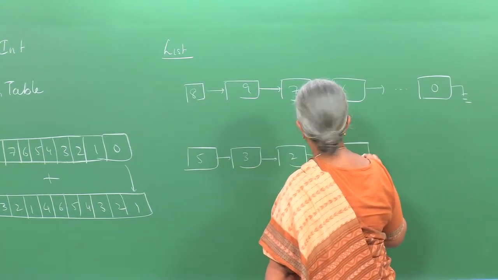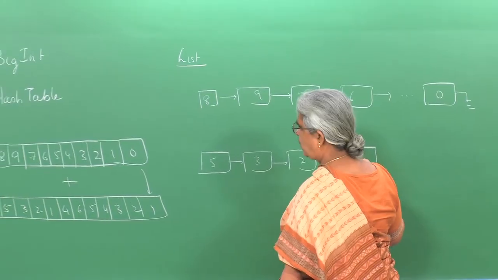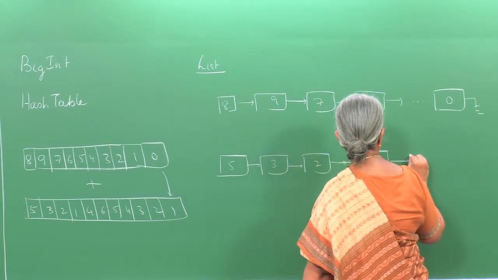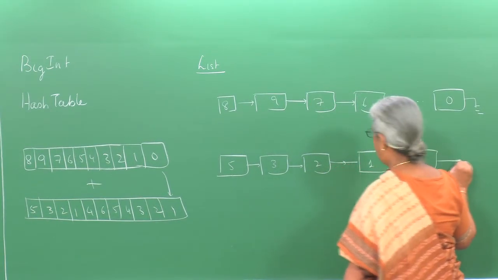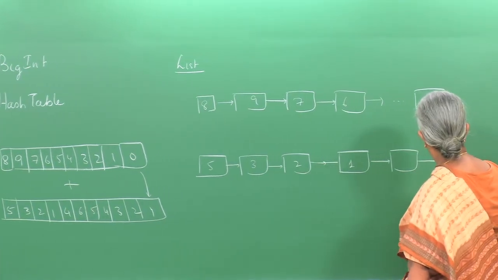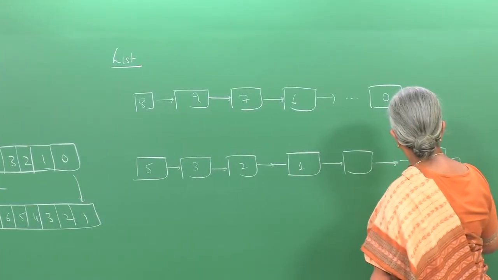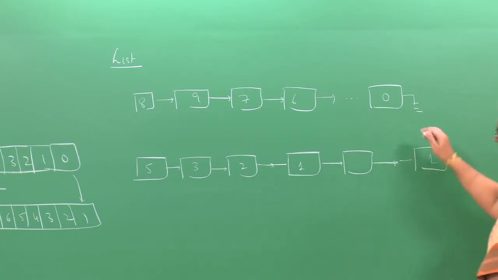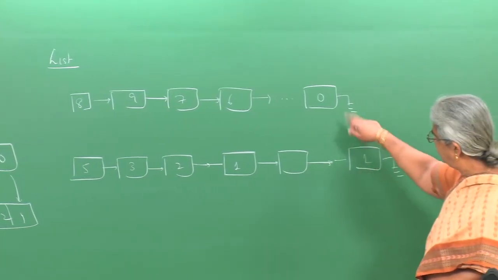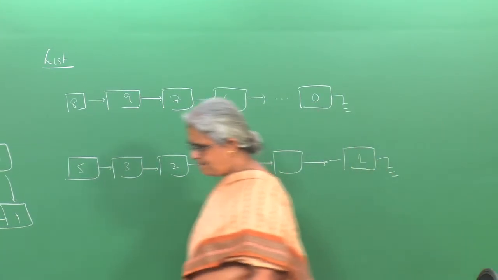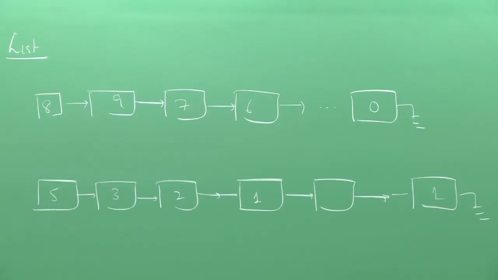Every single digit of the number is made an element in the given list. It will be convenient to put it in the reverse order because then the first element becomes the first element in both the cases, otherwise you have to go to the end of the list. Anyway, it's a little bit more of bookkeeping, that is all.